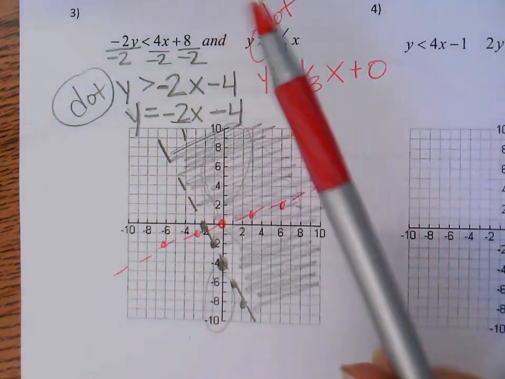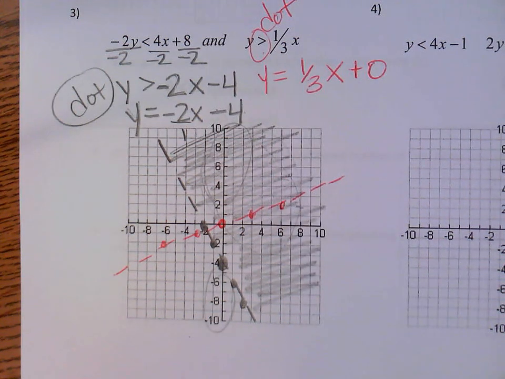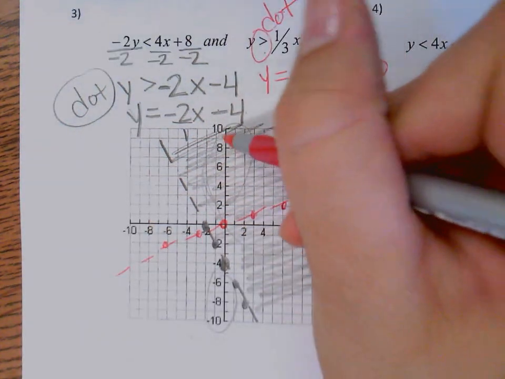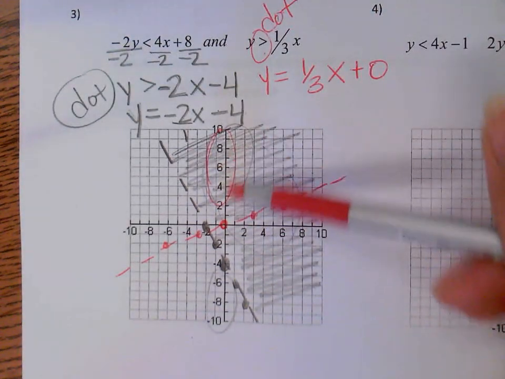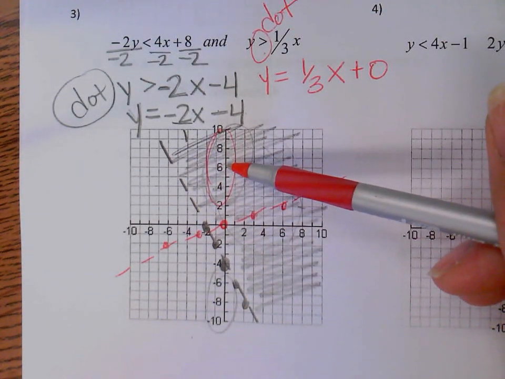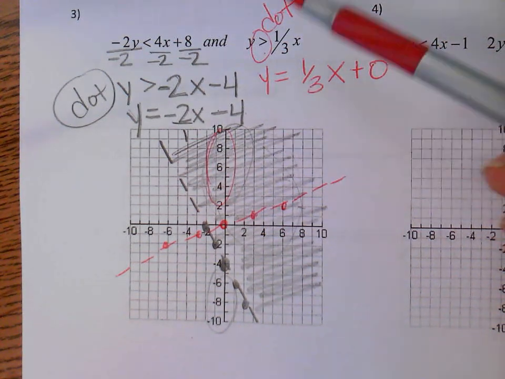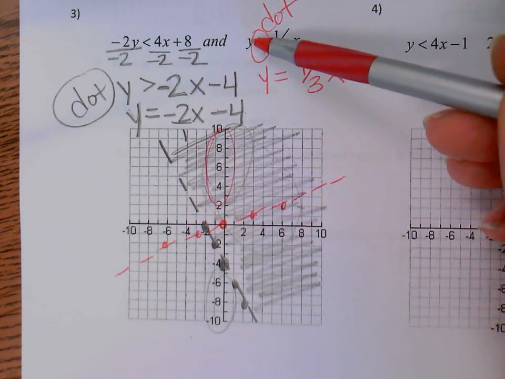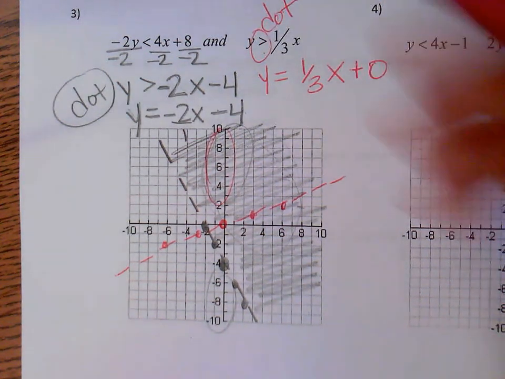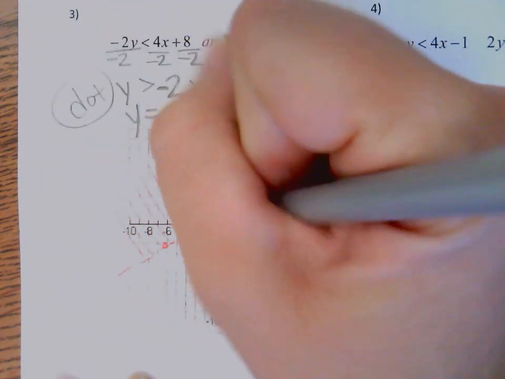So if it's y is greater than, where are the y values bigger? Aren't they bigger up here? The shark's mouth wants to eat the bigger value. The y values are bigger. So I'm going to shade in the upwards direction.